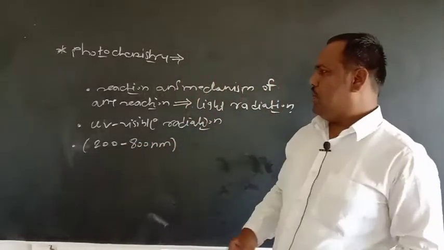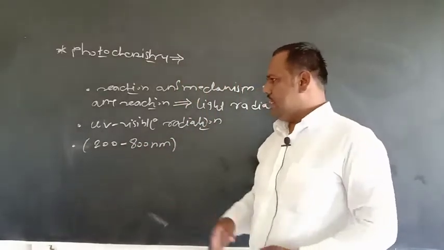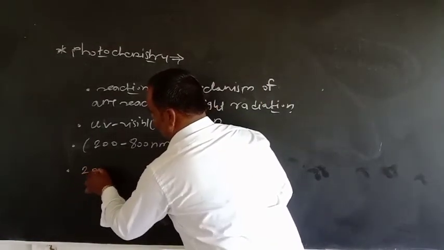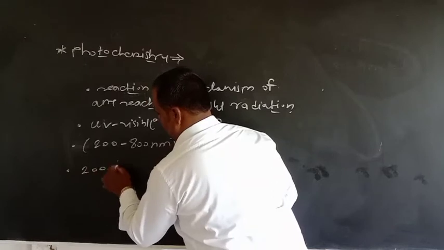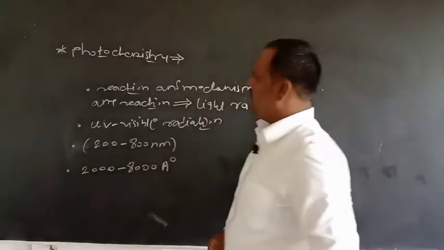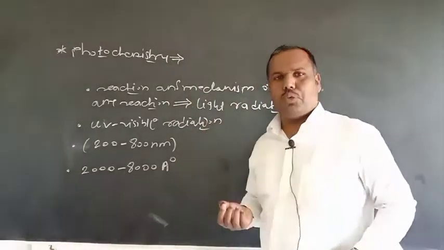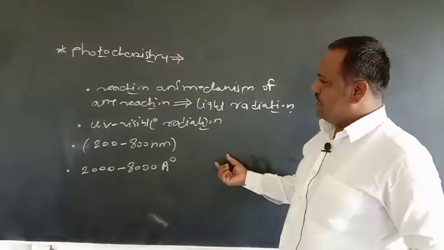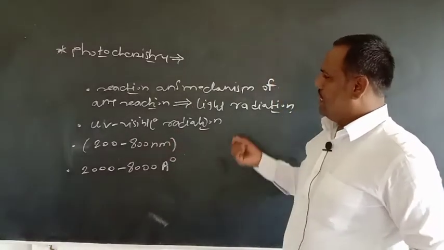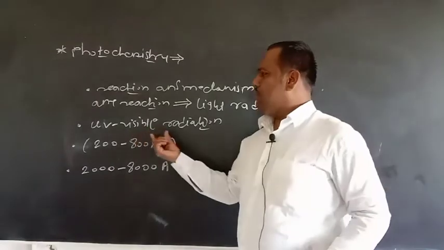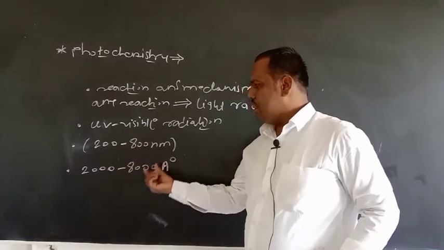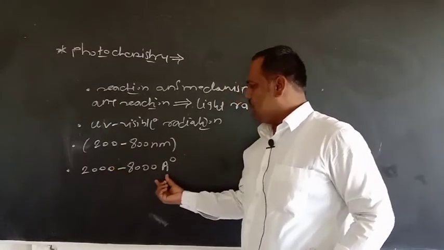In other words, you can say it is in the range between 2000 angstrom to 8000 angstrom. So, these are some important points regarding photochemical reactions: the reaction takes place by the exposure of light radiation, especially UV visible radiation, which lies between 200 to 800 nanometer, that is 2000 to 8000 angstrom.